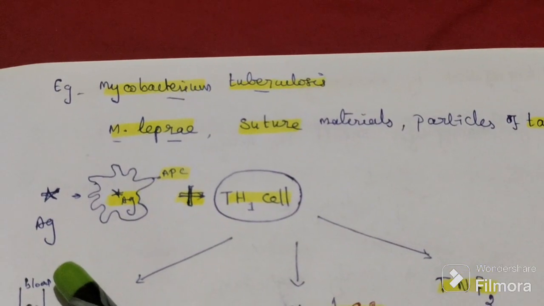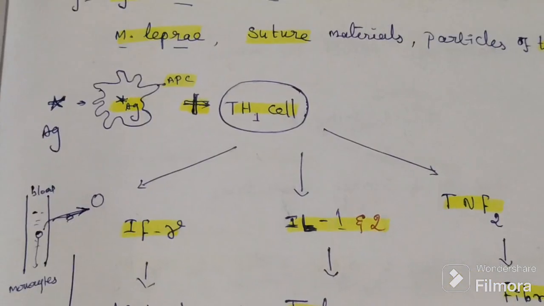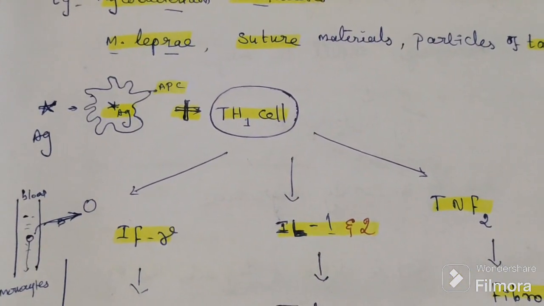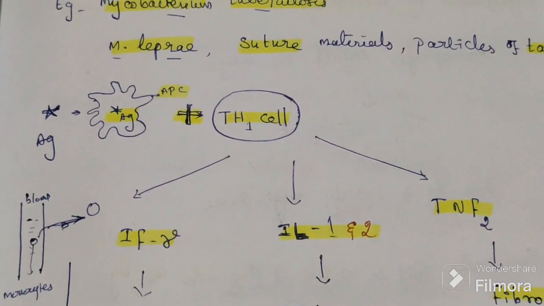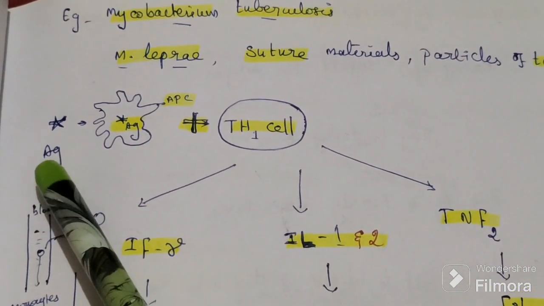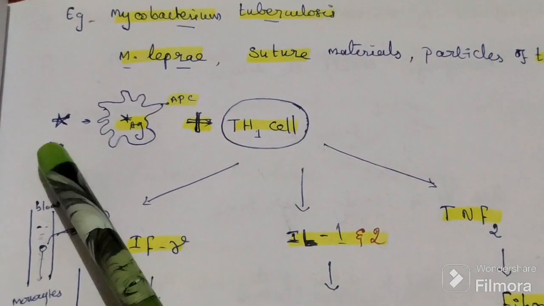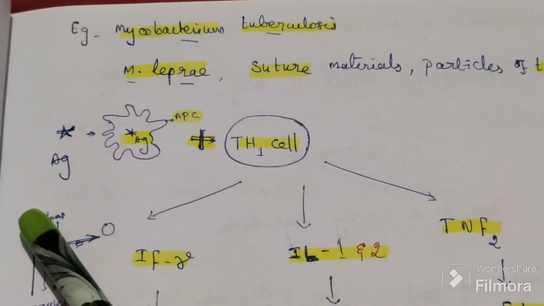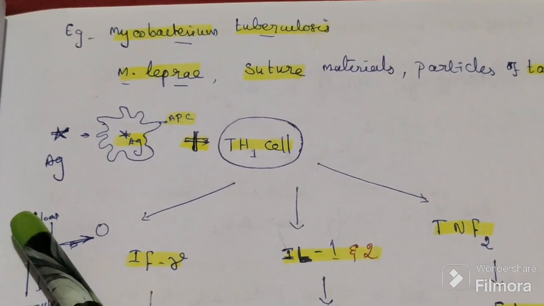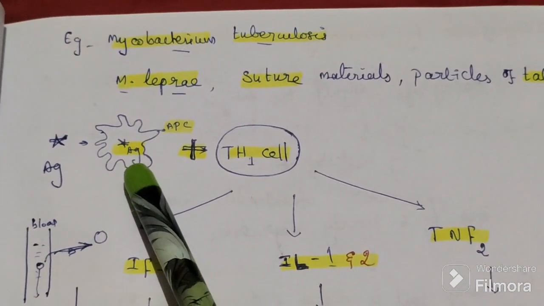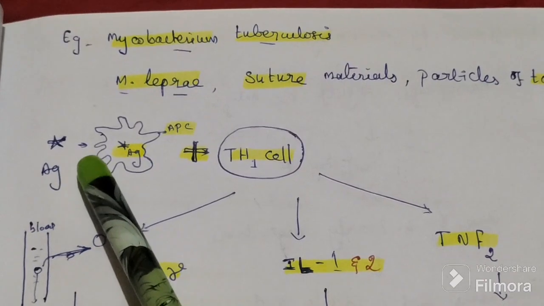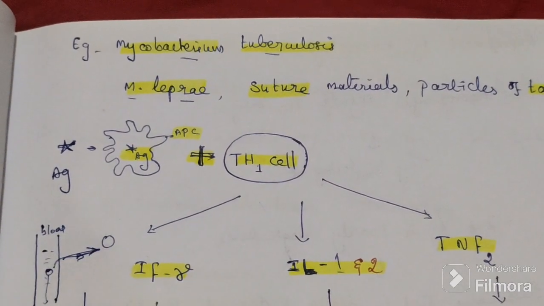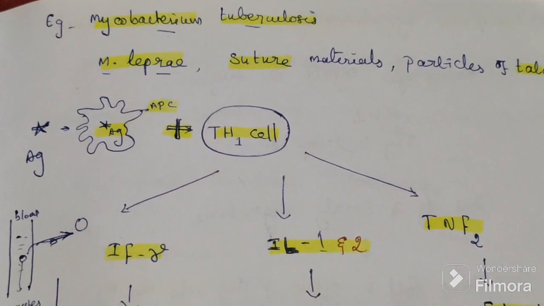Whenever a non-degradable antigen enters the human body, the first cell that interacts with it is called the antigen presenting cell. It is a type of macrophage.